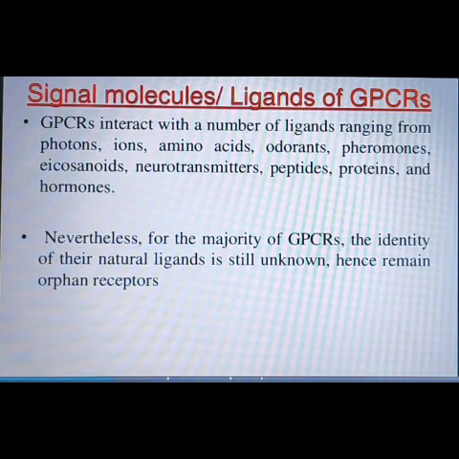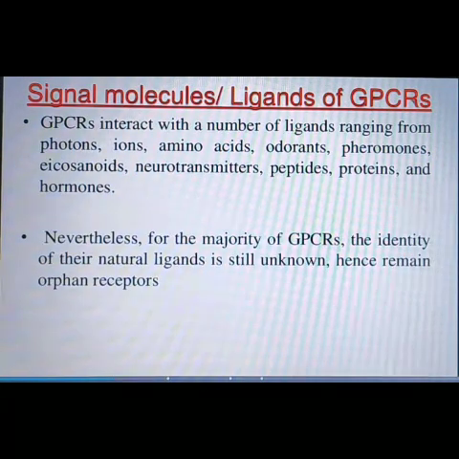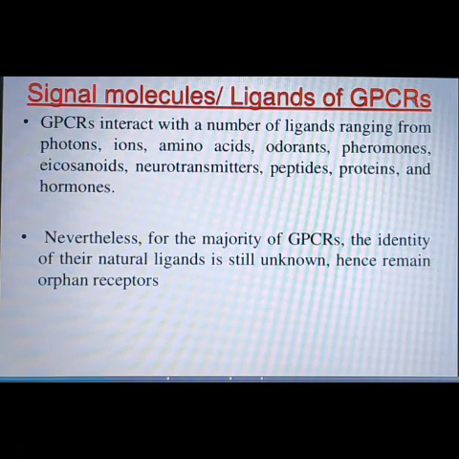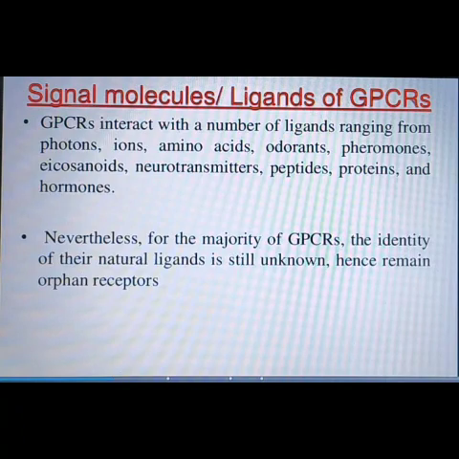Nevertheless, for the majority of GPCRs, the identity of their natural ligands is still unknown, hence they remain orphan receptors.